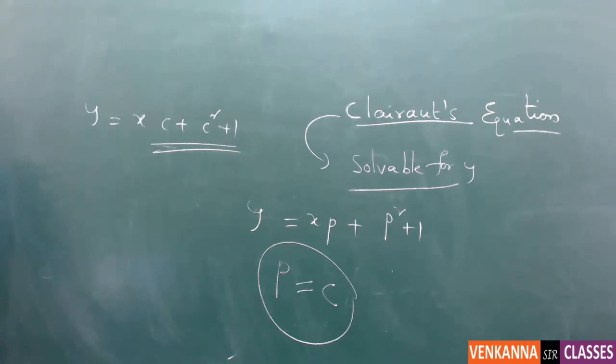It satisfies the criteria of the form. So the general solution is given by replacing p with the constant c. So straight away we replace that, which is our solution. Okay? Is the ideology clear? Or am I moving fast?